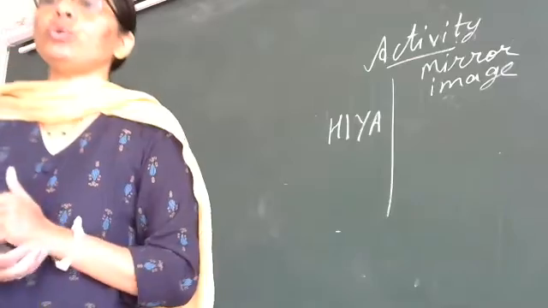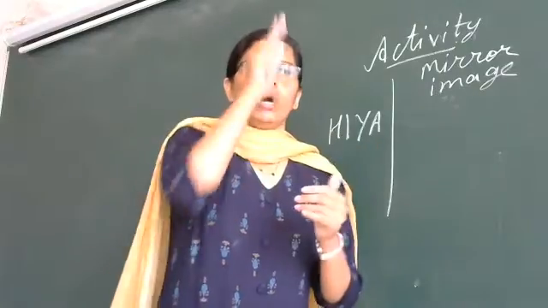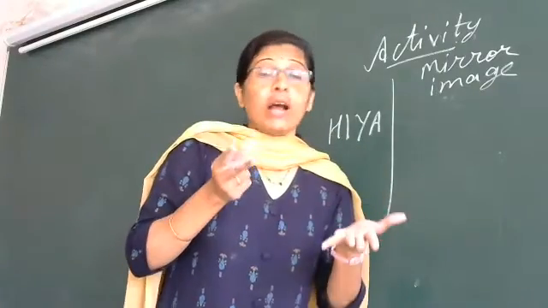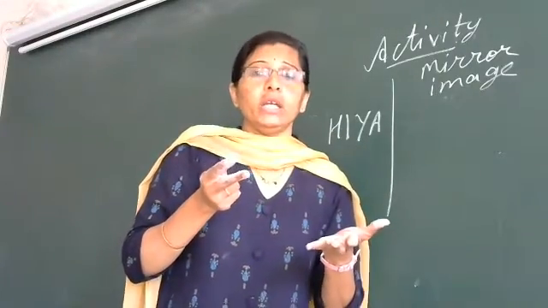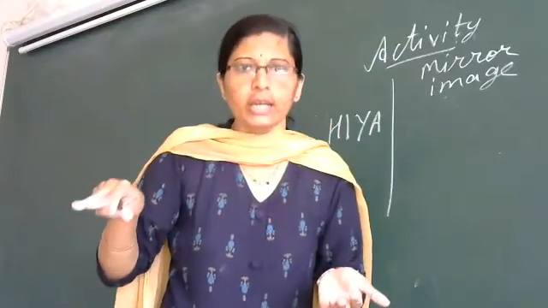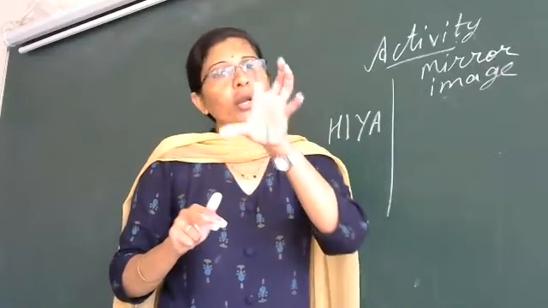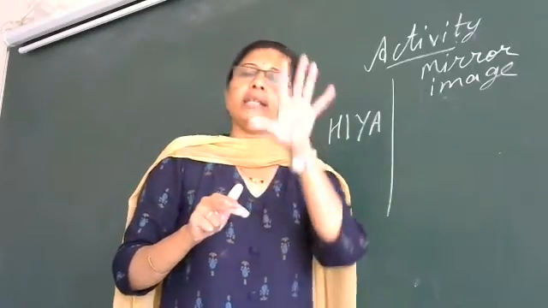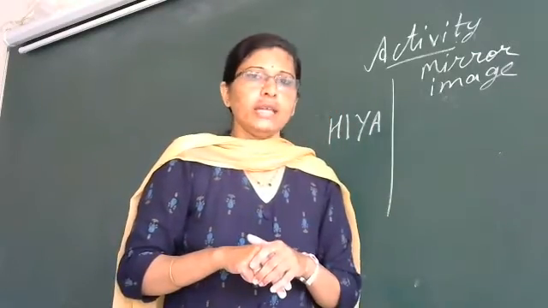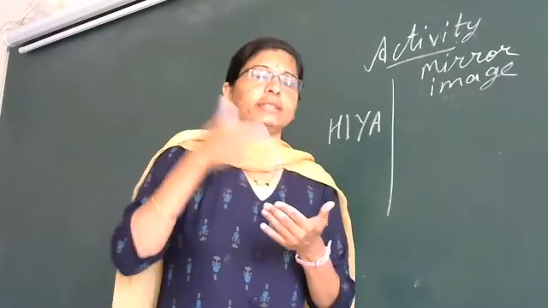I have told you, you have to list out the alphabets which will have an axis of symmetry vertically. All alphabets will not have it vertically. Some will have vertically, some horizontally, some slanting also. So you take only those alphabets and write.